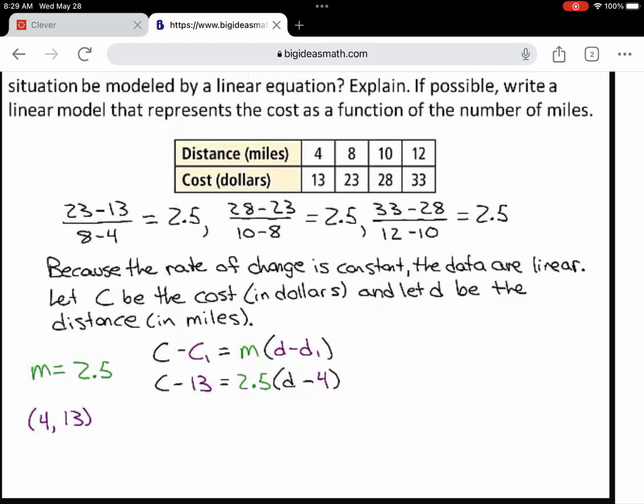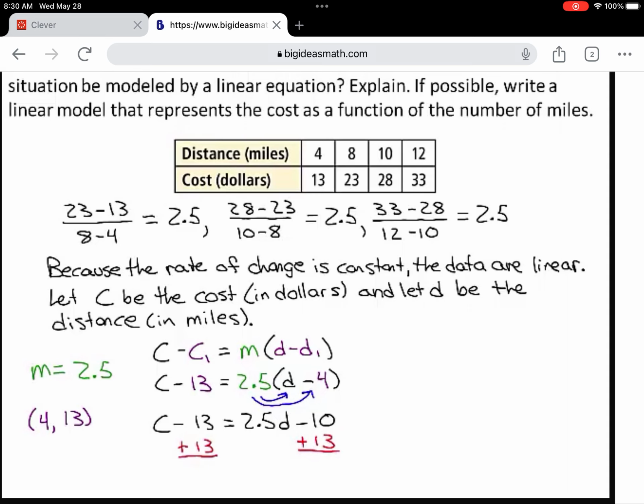Next, use the distributive property. Because 2 5/10 times D equals 2 5/10 D, and 2 5/10 times negative 4 equals negative 10, C minus 13 equals 2 5/10 D minus 10. Next, add 13 to each side of the equation to write the equation in slope-intercept form.